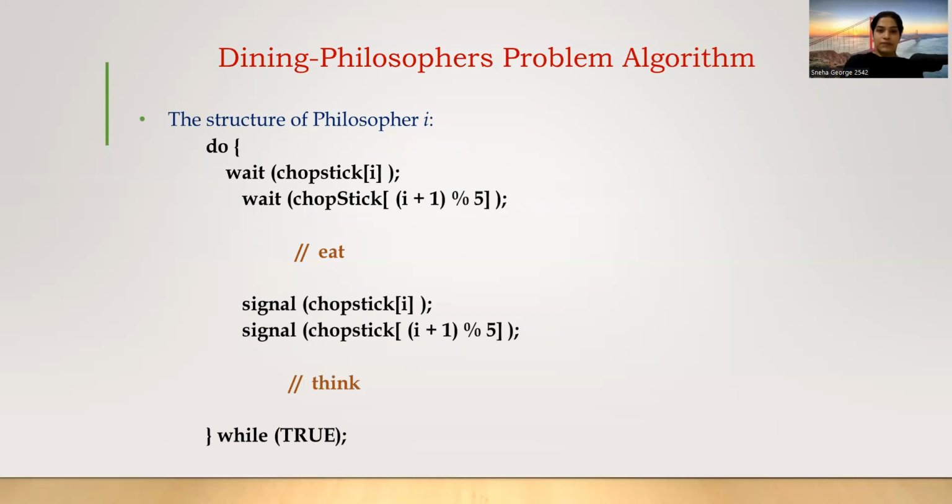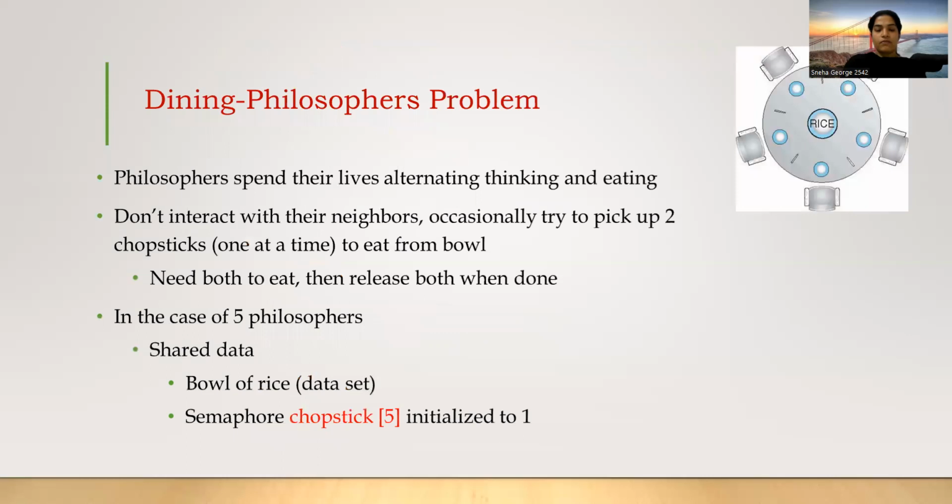So the first philosopher will use the two chopsticks, one and two, to eat. That is wait of chopstick of i and chopstick of (i plus 1) modulus 5. So that is the dining philosophers problem.